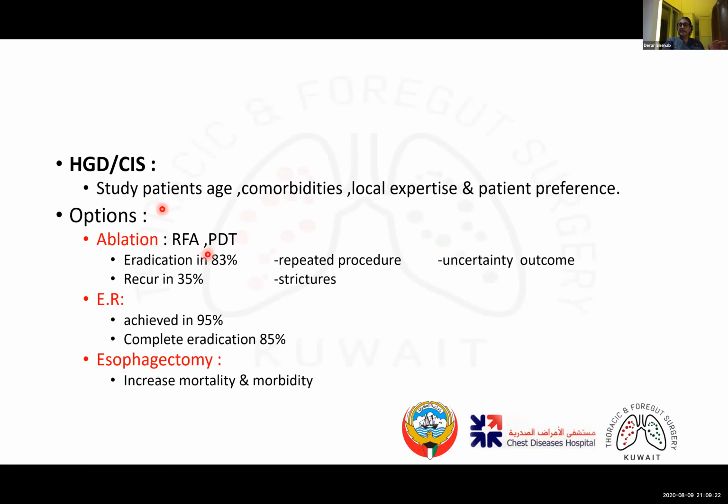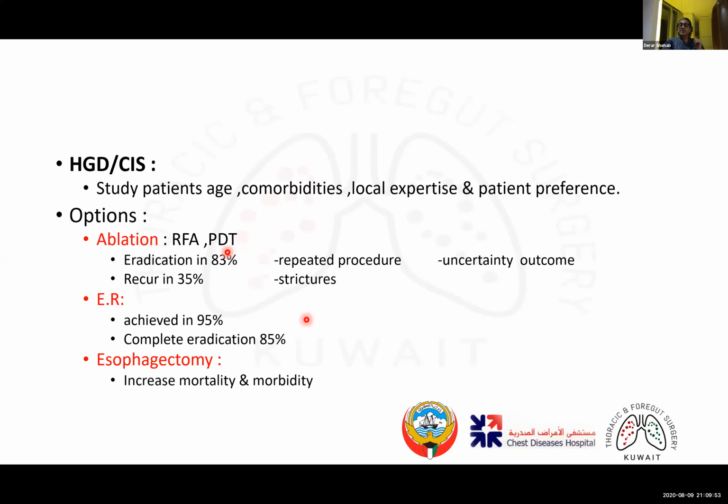The problem with this technique is that you need repeated sessions, and those people might develop strictures after the procedure. And unfortunately, with this kind of ablation, you don't have an actual pathology. So there's no tissue that you study. And the recurrence is very high.